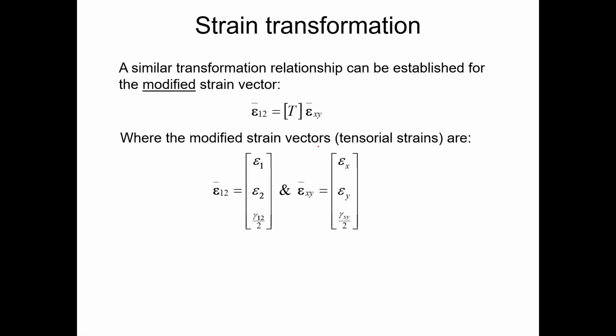The modified strain vectors, which we call tensorial strains, can be written in this form: epsilon 1, epsilon 2, and gamma 12 over 2, epsilon x, epsilon y, and gamma xy over 2. The particular difference in tensorial strain is the shear strain, which is half of its engineering shear strain. So this is called engineering strain.